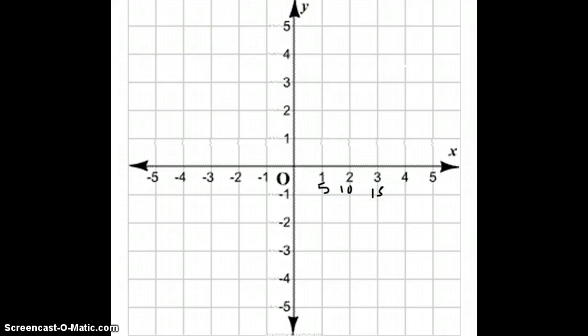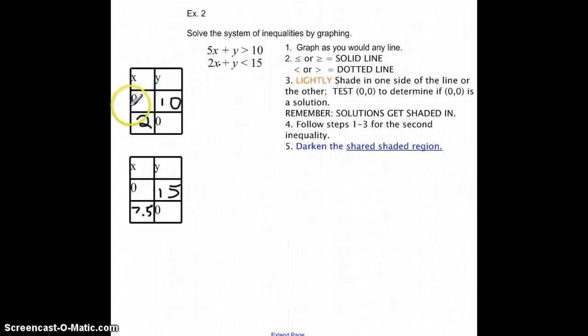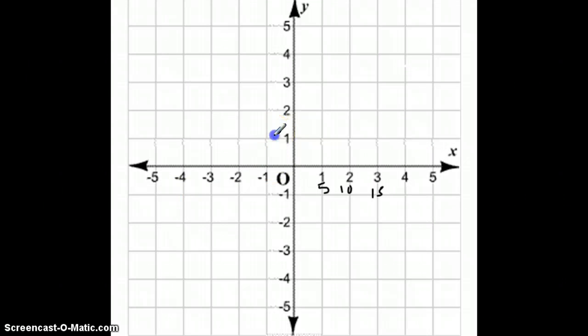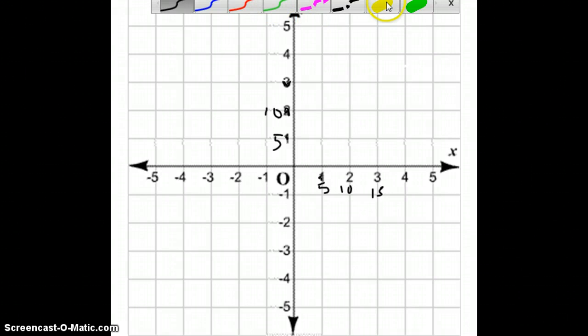Okay. So we take a look at our points. We got x is 0, y is 10. Okay, so then this is 5, 10. Just ignore these numbers here. Okay, guys. So x is 0, y is 10. Graph. Alright.